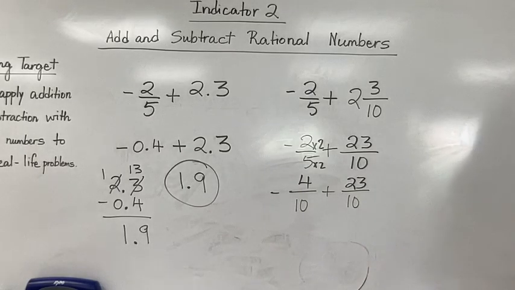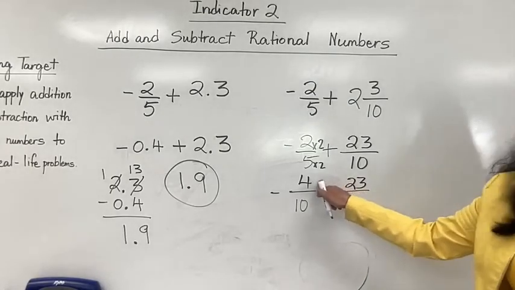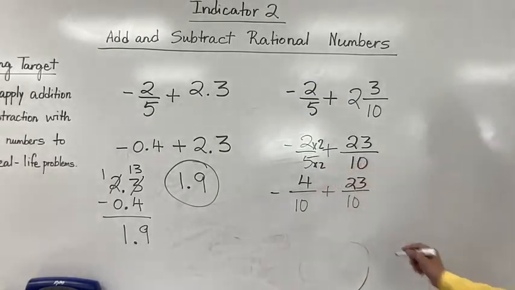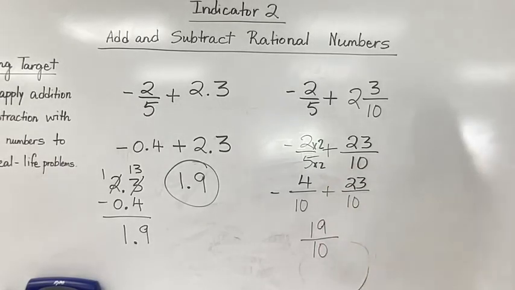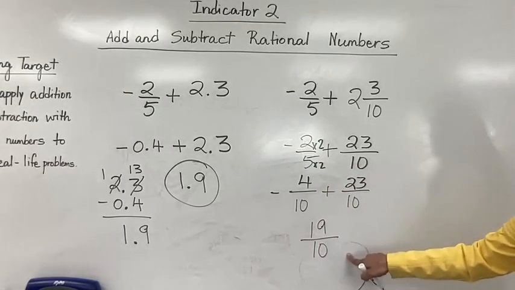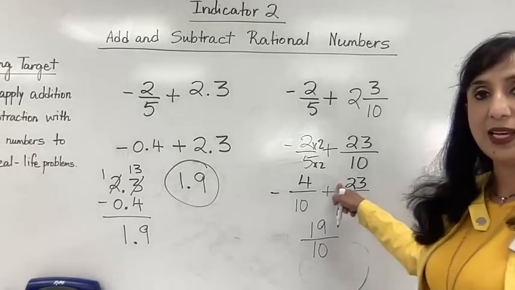Now, since these are opposite signs, I'm going to add these fractions. Since they are opposite signs, I am going to have to subtract and give the sign of the bigger number. So 23 minus 4, and I'm going to get 19/10. And 19/10 with the sign being positive, because 23/10 is greater.